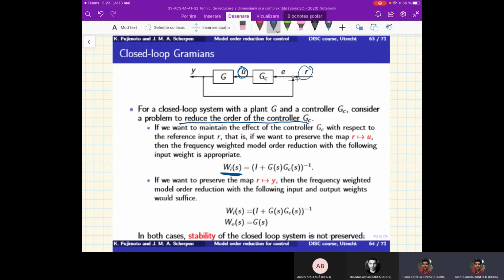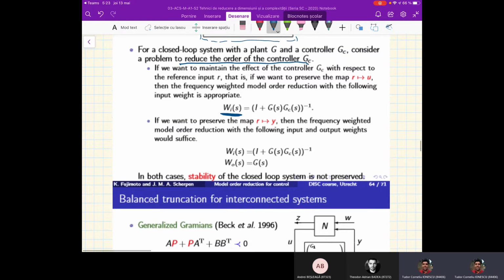If we want to preserve the map from R to Y, this closed loop map, then you do again input and output weighting. So in this case, if you want to preserve the map to the controller, you only need input weighting.